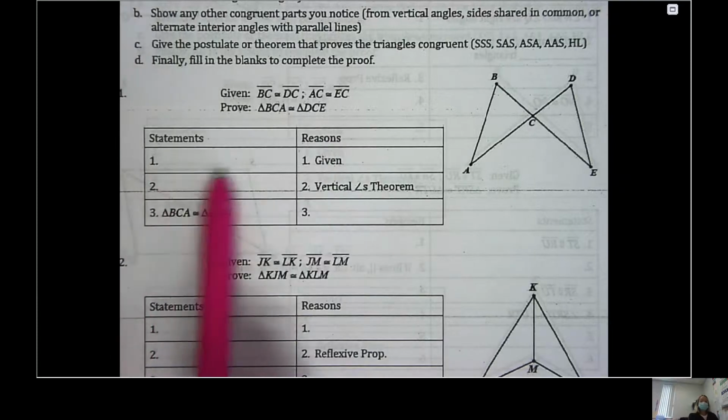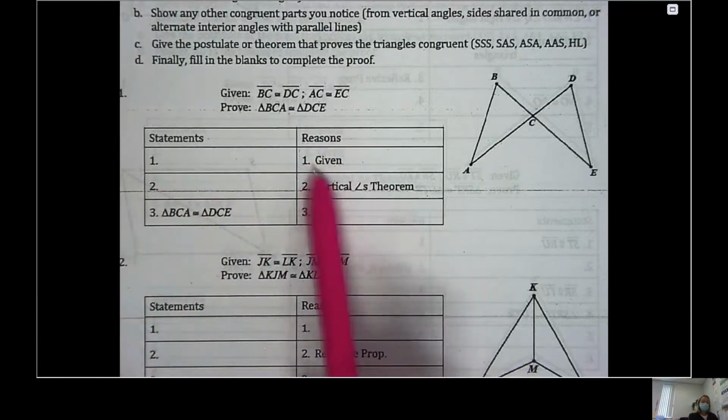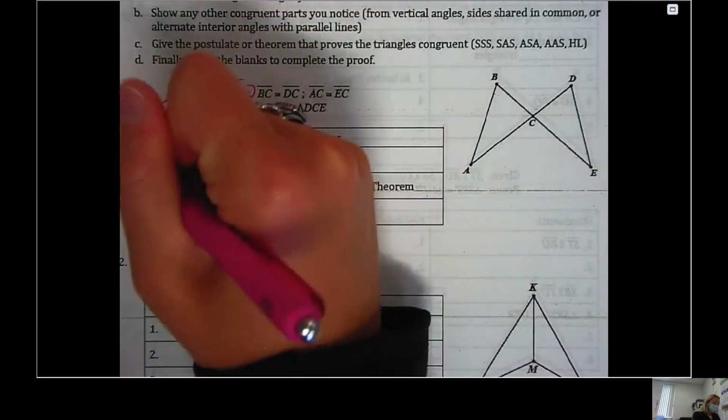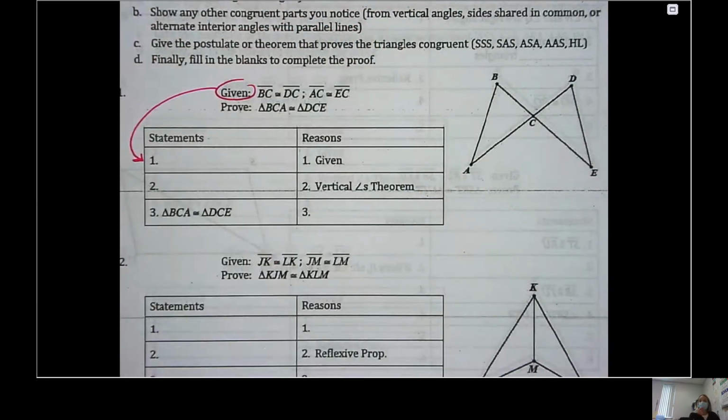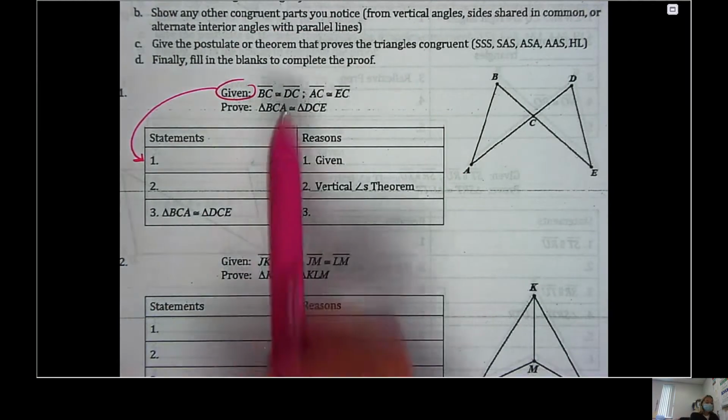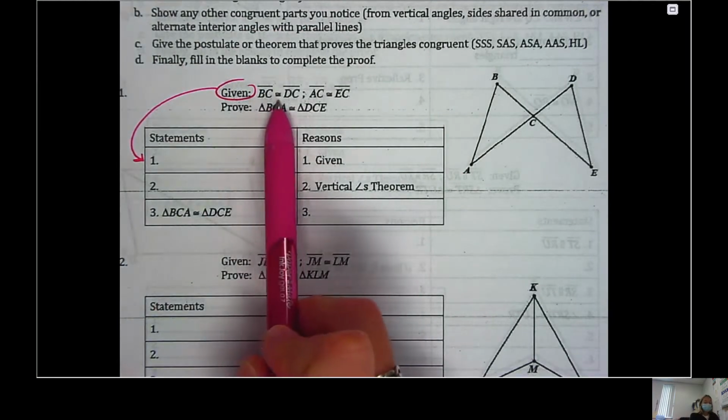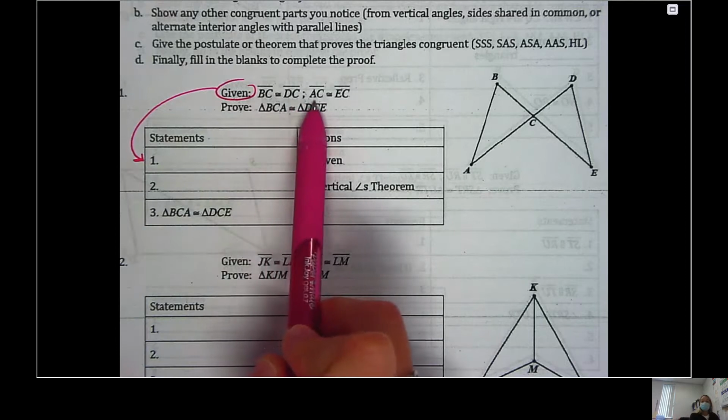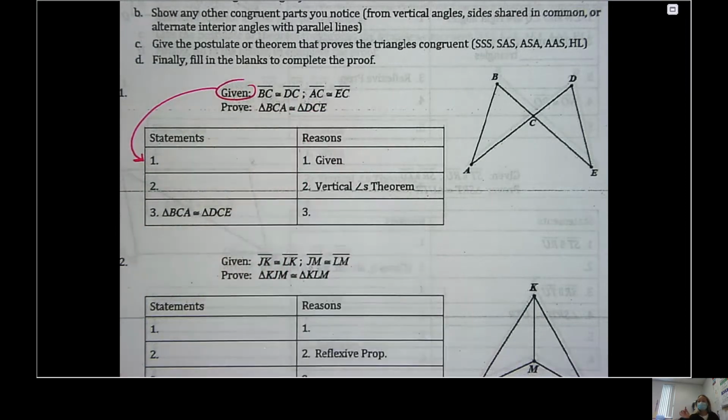So my first statement is always going to be the information that is given to me, every time. My first statement for this problem is going to be that segment BC is congruent to DC and AC is congruent to EC. I'm literally going to copy it down for my first statement.